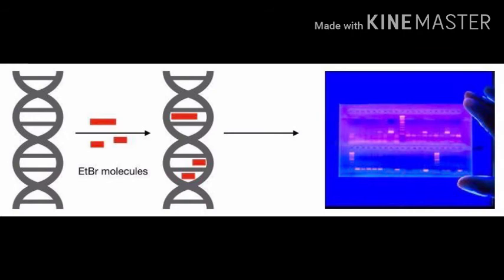So when this gel block after the process is placed on top of a UV illuminator, all the DNA or RNA bands formed within it can be easily identified and visualized, as you can see in the picture.